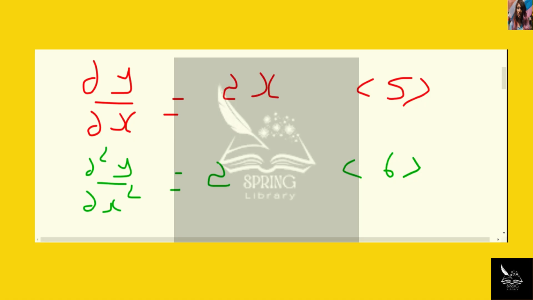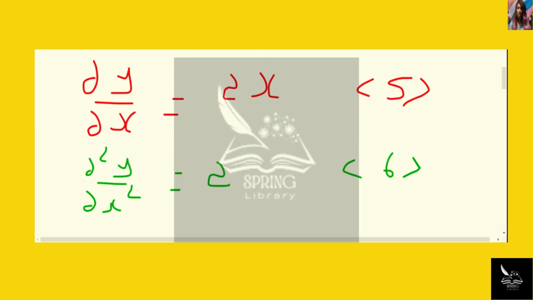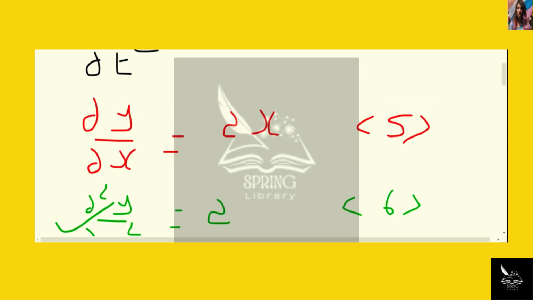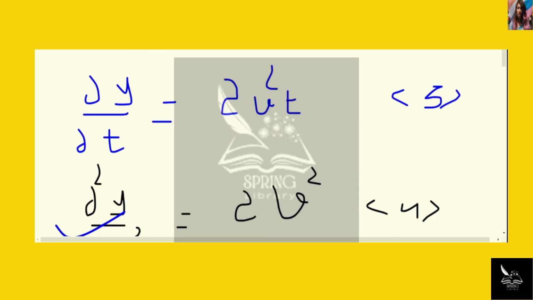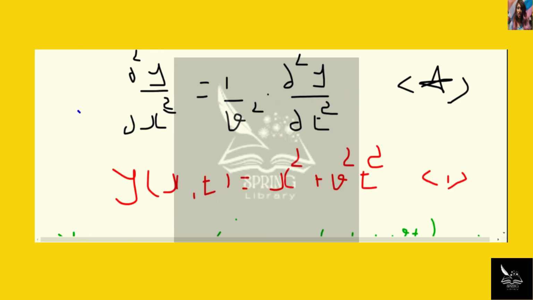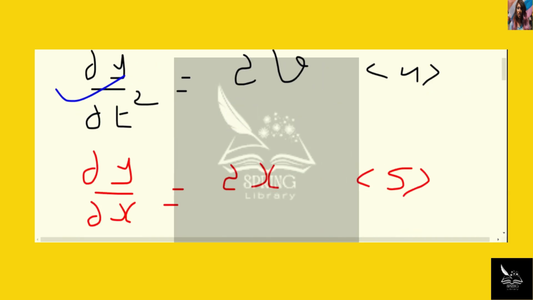Now substitute from equation 4 and 6 into equation star. We will get 2 is equal to 1 over v square times 2v square.